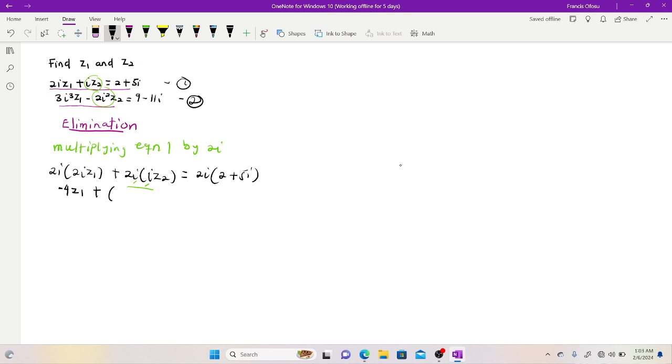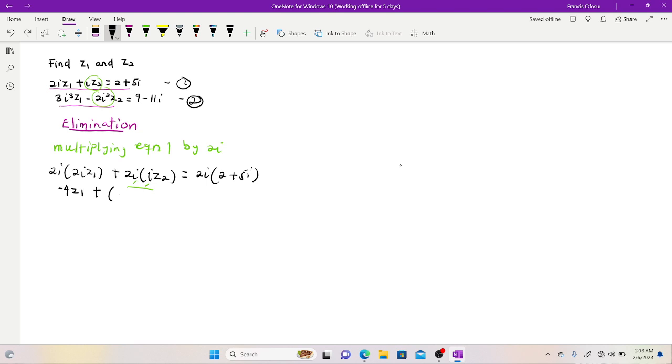So 2i times i. But the goal of this multiplication is to make this term become equal to what we have here. For that reason, we are not going to multiply the i and i as negative 1.